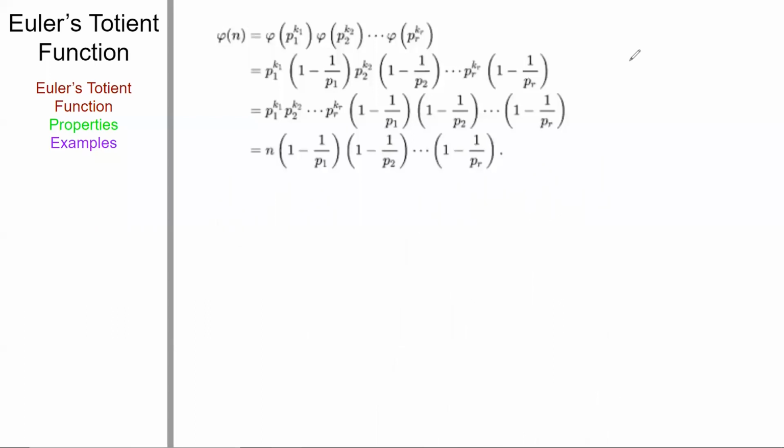So now we're going to go over some properties of the Totient function. One property is that if you have two relatively prime numbers, which again means that their GCD is equal to 1, for example, can anybody give me two relatively prime numbers?